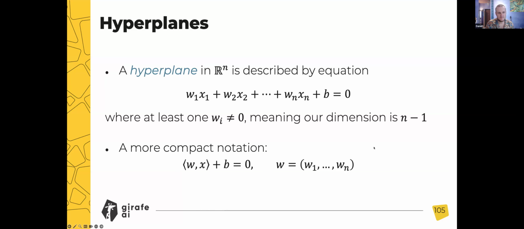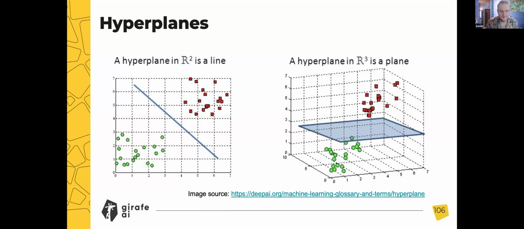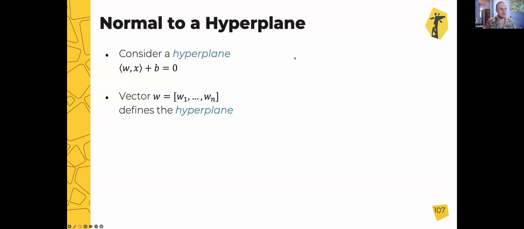So it is the same. Okay? For example, as we have said, a hyperplane in R2 is a line. A hyperplane in R3 is just a usual plane, like a piece of paper. And, well, so on.